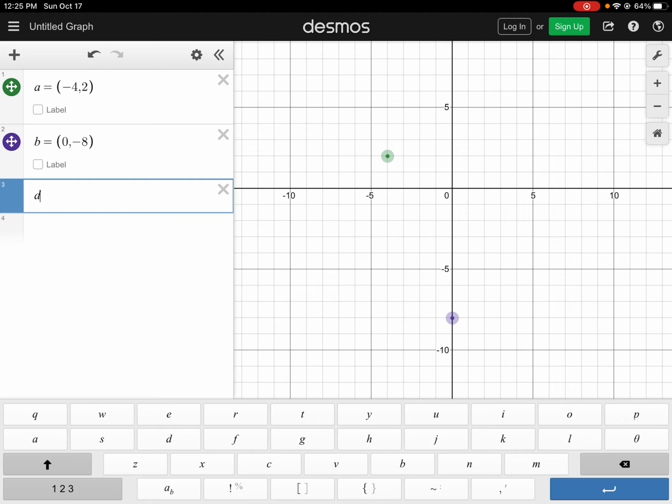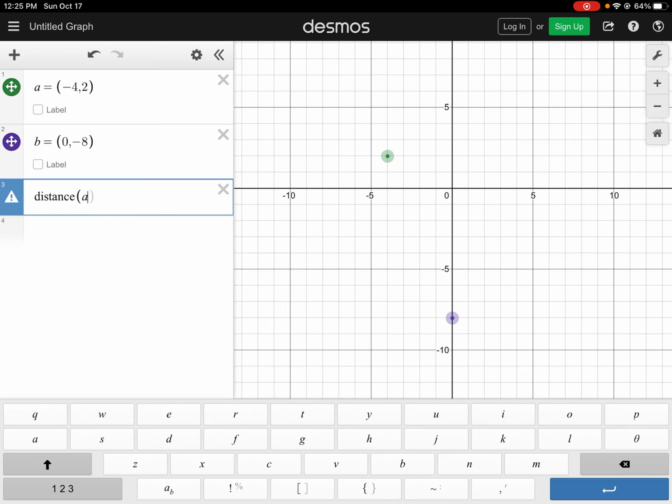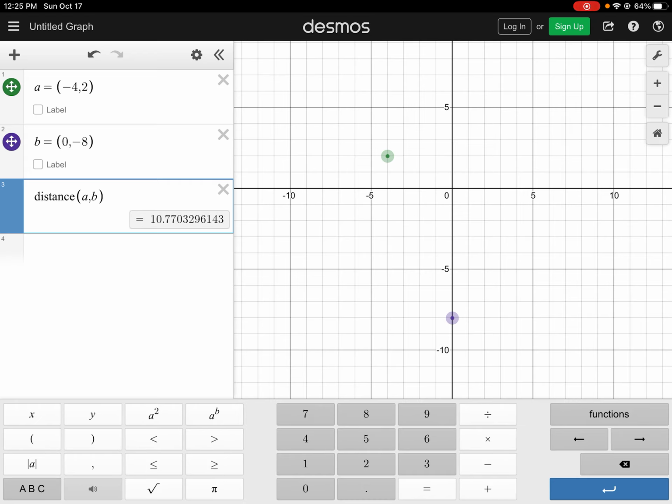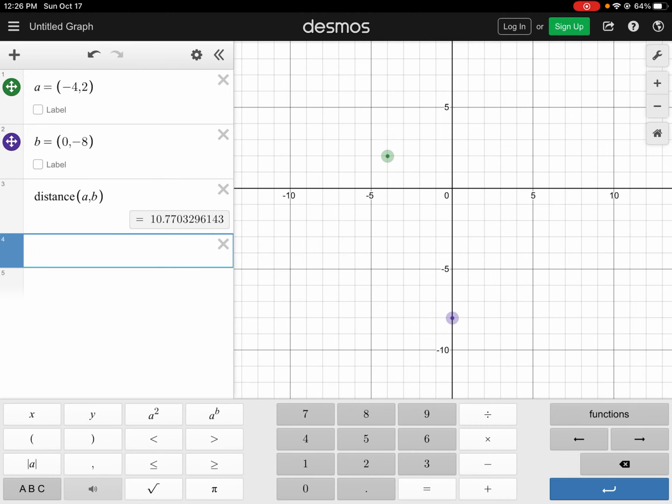Type them in. Again, you're looking for distance. So you just tell Desmos, hey, I want distance. You got to tell Desmos which 2 points you want it to look at. So we want Desmos to use A and B. And so there's my distance. The distance from point A to point B is 10.77.